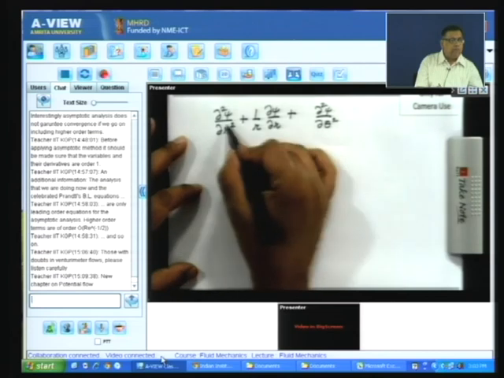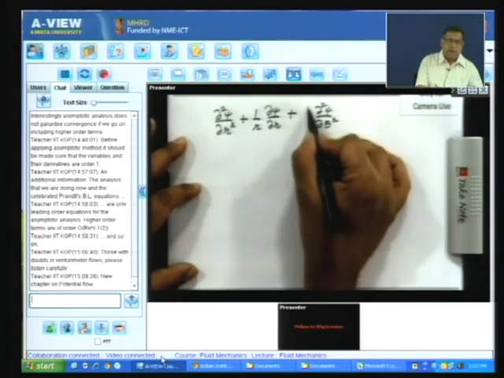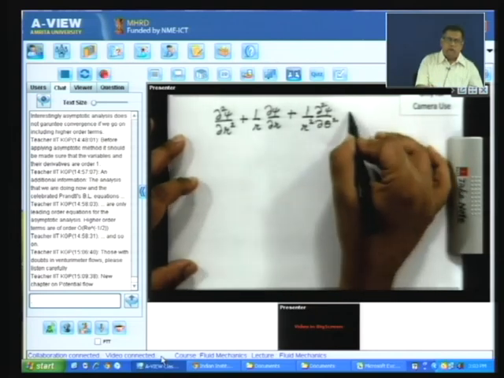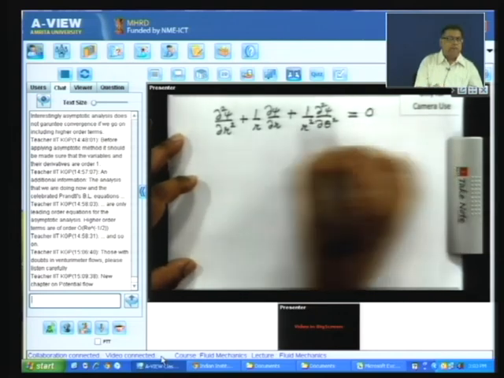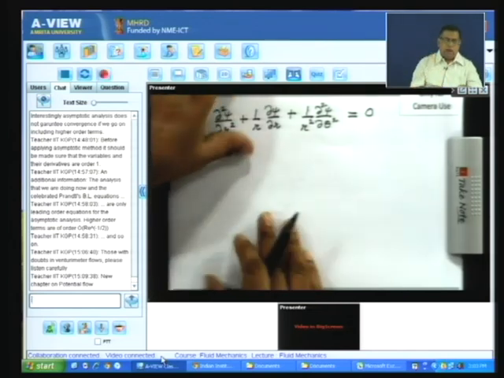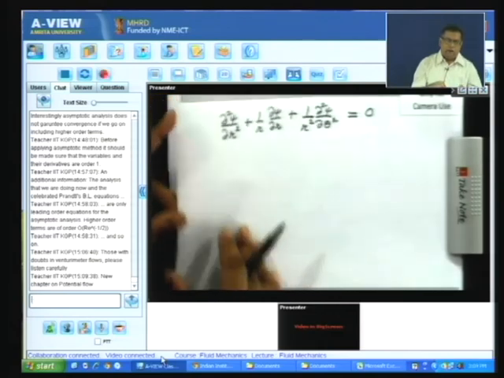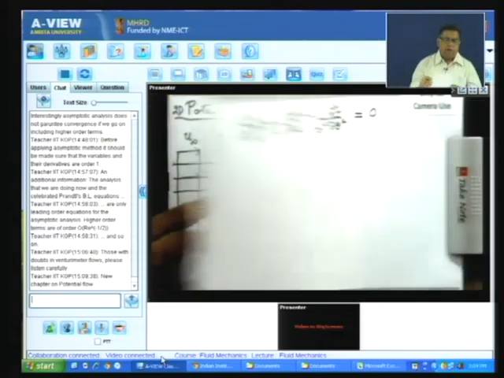Now, all these terms have the units of psi by r squared, and you have a scale factor here which is exactly 1 by r squared. So, this is the 2D Laplacian in r, theta coordinates. We want to find a solution of this equation which satisfies the upstream condition of a uniform flow.